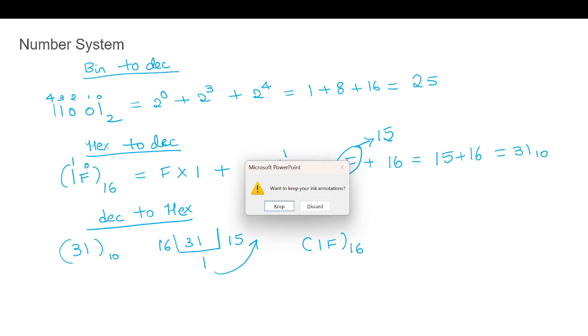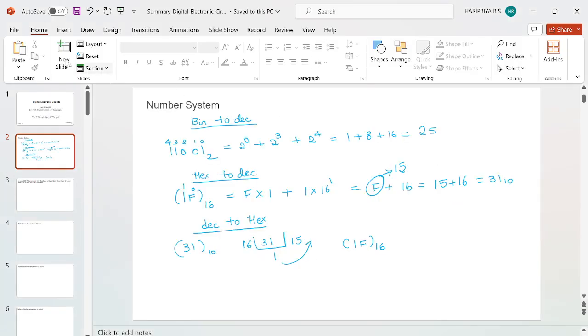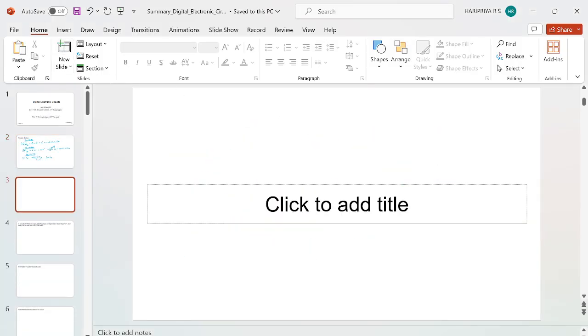Now, one more example, for converting a decimal number system to a binary number system. Let's convert a decimal to binary. Let's take the example of 25, which is in decimal.